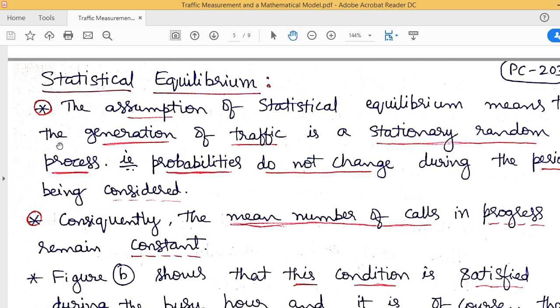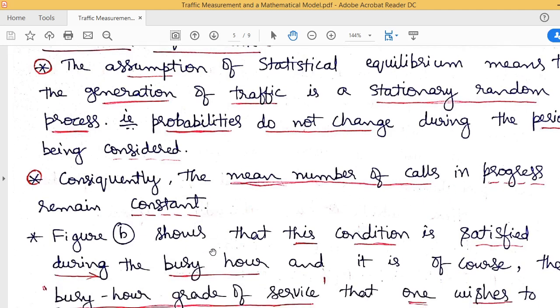The probability of occurrence will be the same as the probability of ending. We assume the probabilities are not going to change during that particular period. Consequently, the mean number of calls in progress remains constant.